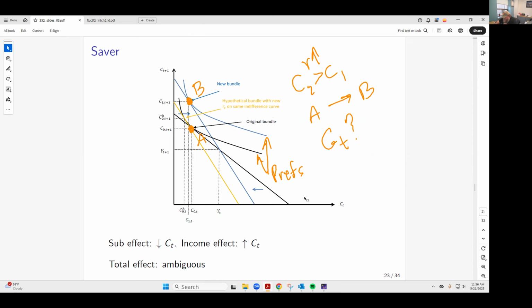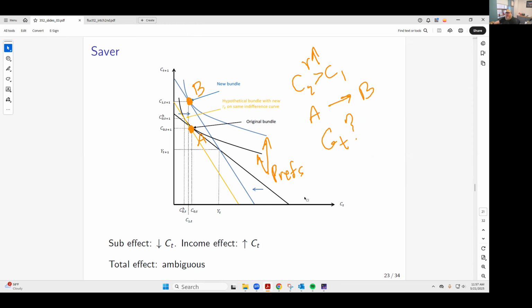And so for savers, the income and substitution effects work against each other, right? For borrowers, the income and substitution effects are both putting downward pressure on consumption. So when interest rates increase, if I'm a borrower, then I'm almost assuredly going to consume less in the first time period. But if I'm a saver, then the actual effect on consumption in the first time period is somewhat ambiguous.